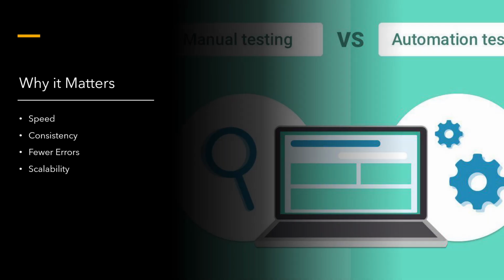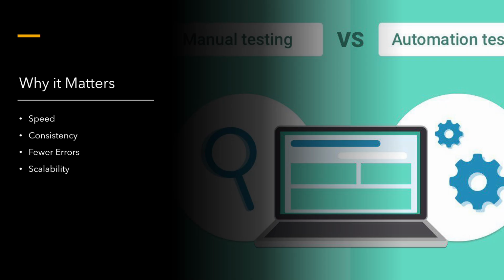Now with that, why does it matter? Build automation is important because it directly improves how efficiently software is developed. First, it increases speed. Tasks that used to take a long time can now happen almost instantly. Second, it ensures consistency. Every build runs the same way, which means fewer unexpected issues are caused by human error.